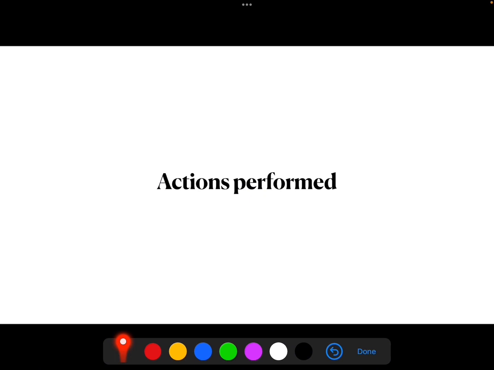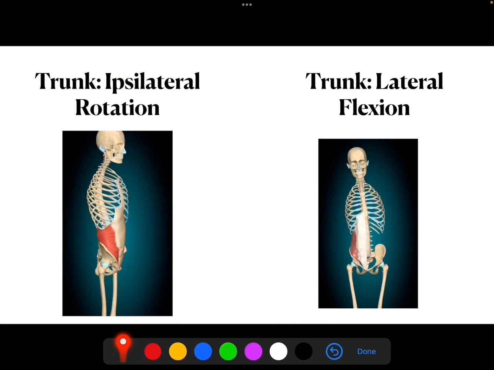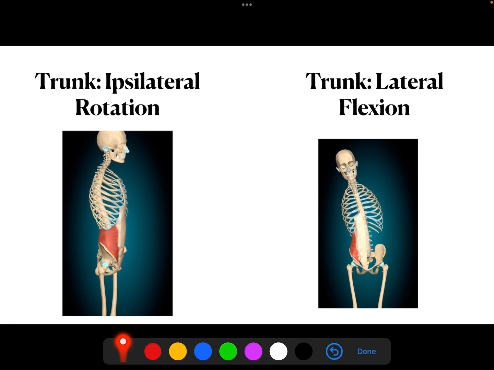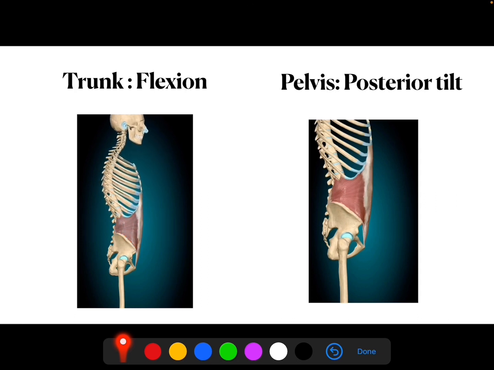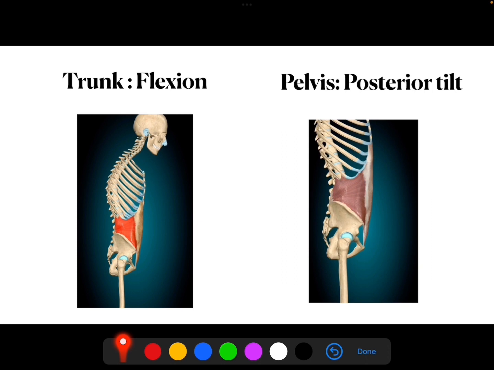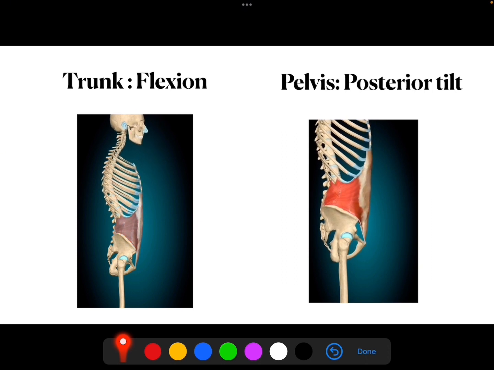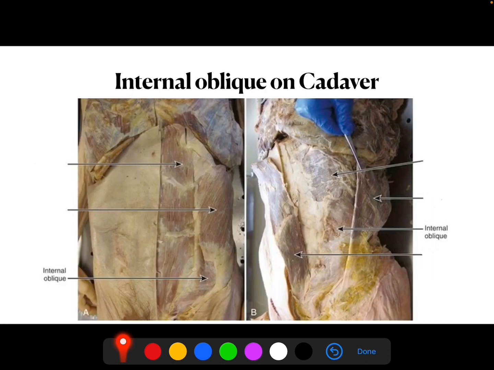Actions performed by this muscle are ipsilateral rotation of the trunk, lateral flexion of the trunk, flexion of the trunk, posterior tilt of the pelvis. This is what it looks like on the cadaver.